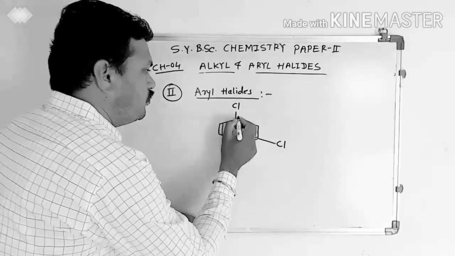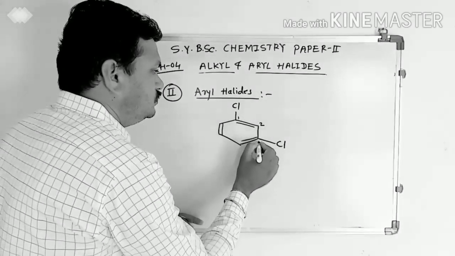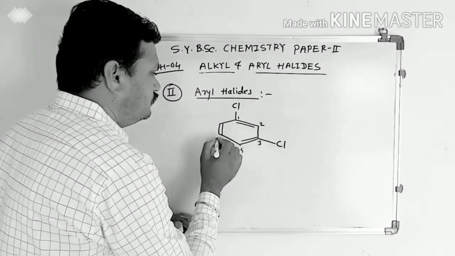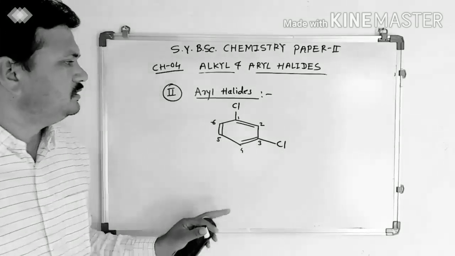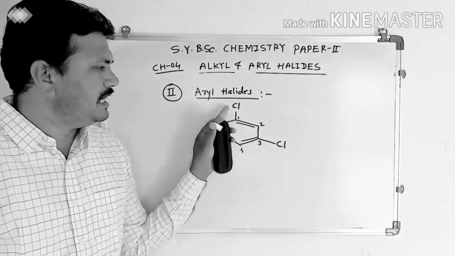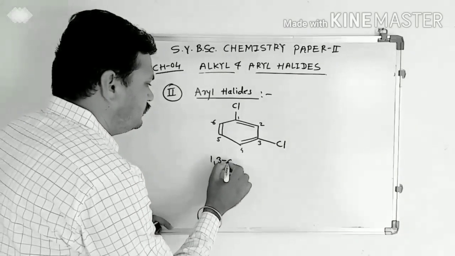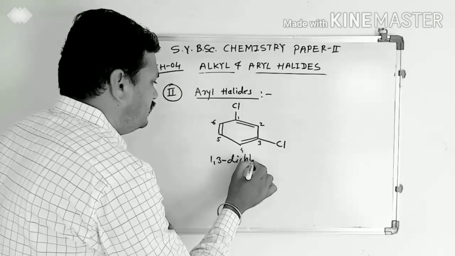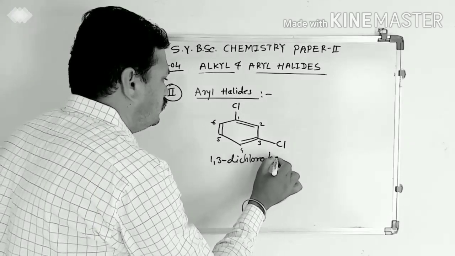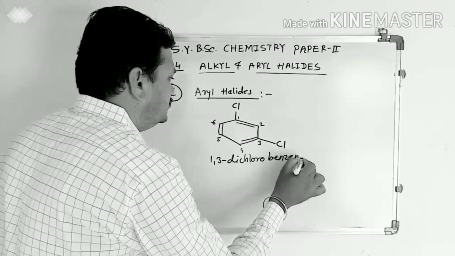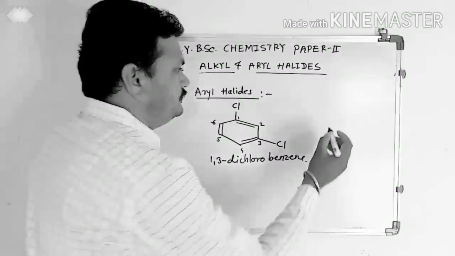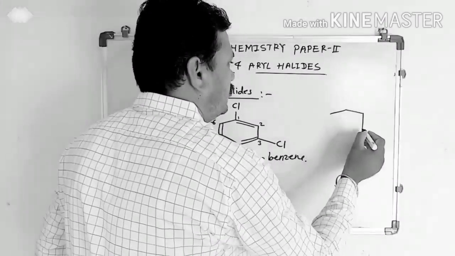It is carbon number 1, it is 2, 3, 4, 5, 6. The carbon number 1 and 3 has chlorine atom, therefore its nomenclature is 1,3-dichlorobenzene.